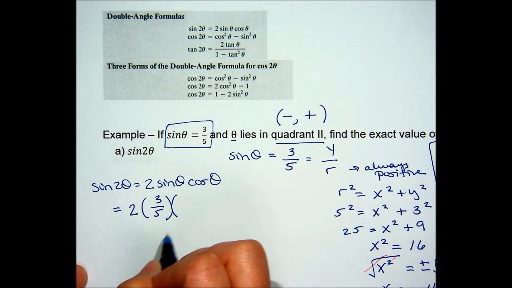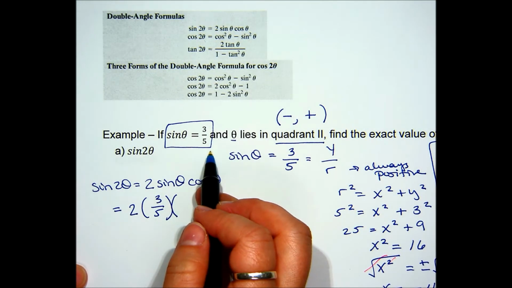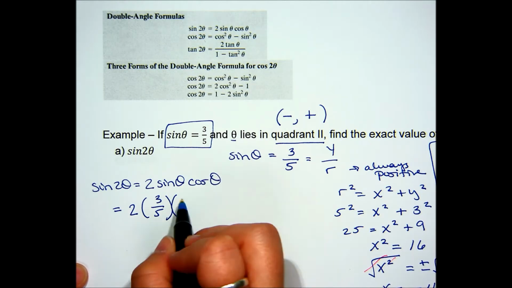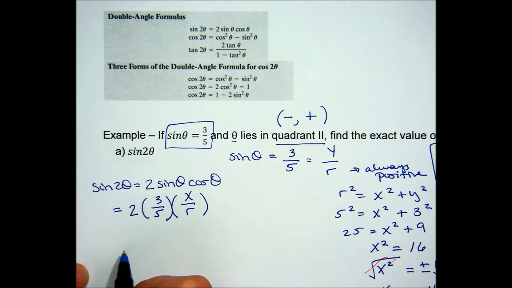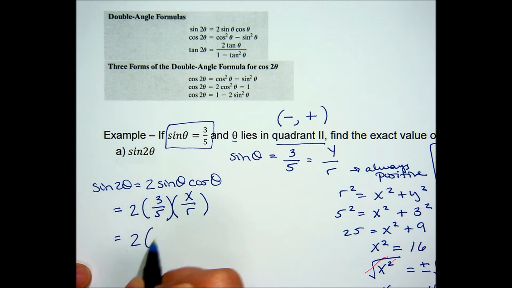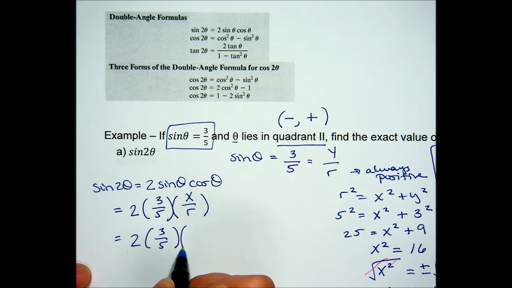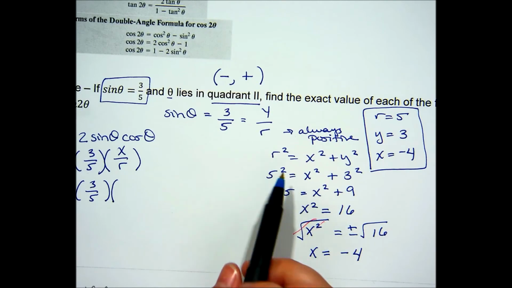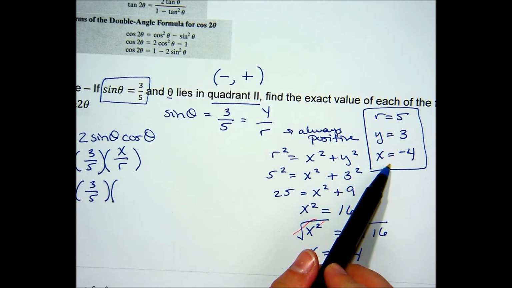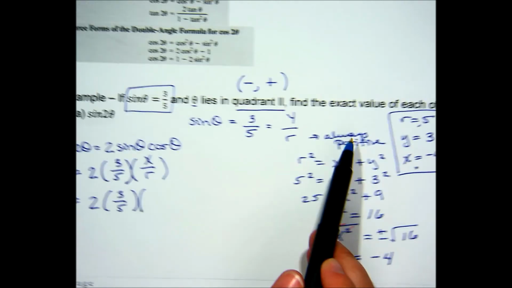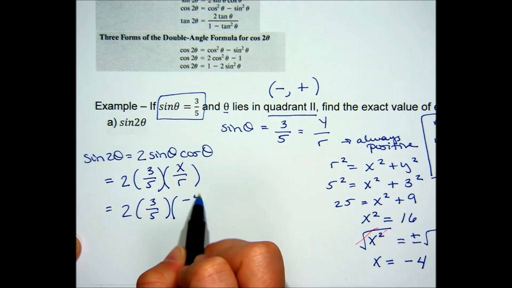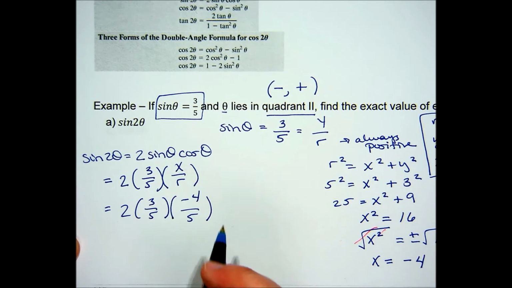Cosine theta. If sine doesn't lie on the unit circle, then cosine doesn't either. So that means that cosine is going to be x over r. So that means I have 2 times 3/5. X we found to be negative 4. R we found to be 5. So that means x is negative 4, r is 5.